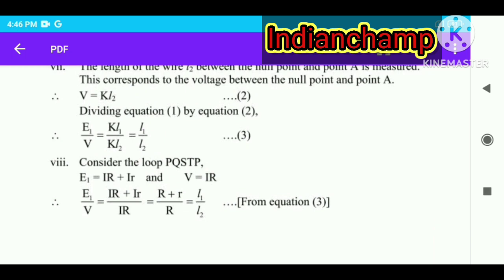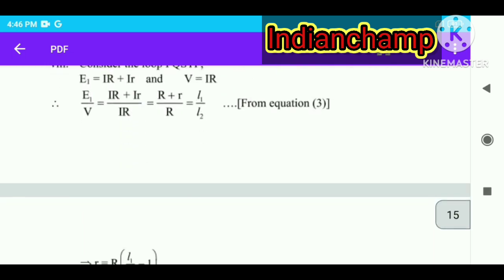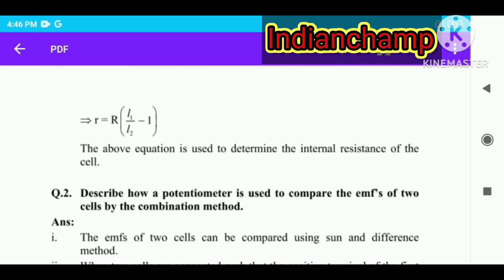E1 is equal to I R plus I r, and V is equal to I into R. Therefore, E1 divided by V is equal to (I R plus I r) divided by I R, which is equal to (R plus r) divided by R, which is equal to L1 divided by L2 from equation third. Answer: r is equal to R into (L1 divided by L2 minus 1). The above equation is used to determine the internal resistance of the cell.